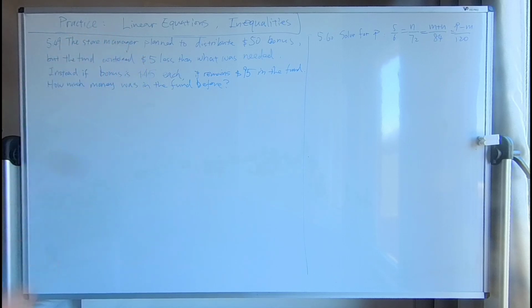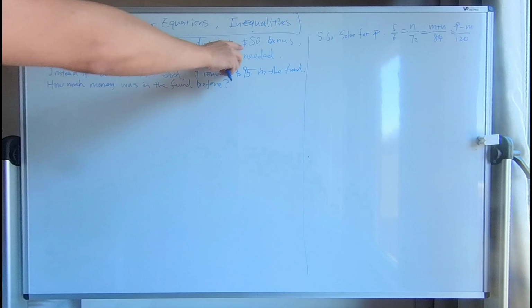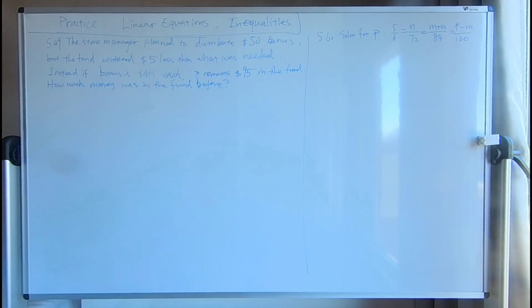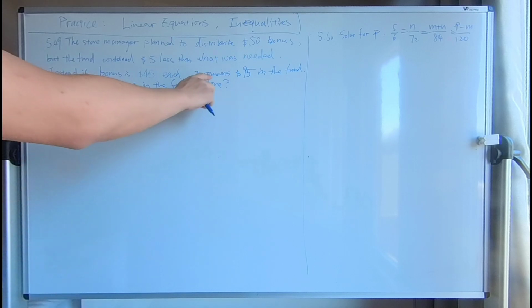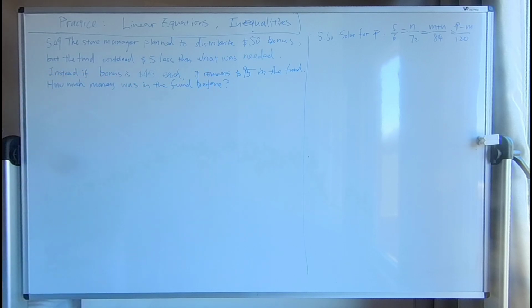So we'll be $5 short if $50 is given to each employee. Now, instead, if the bonus is $45 for each employee, then the fund would have $95 left. By knowing these two facts, how much money was in the fund before the manager started to distribute the bonus?